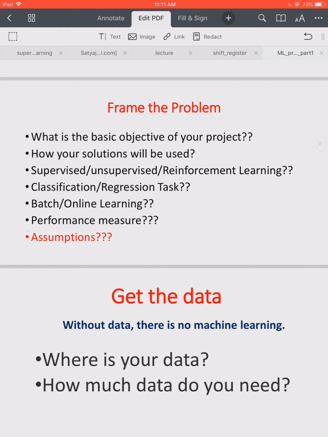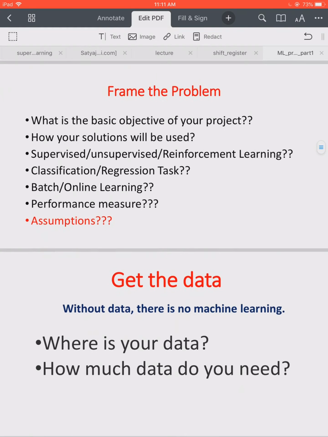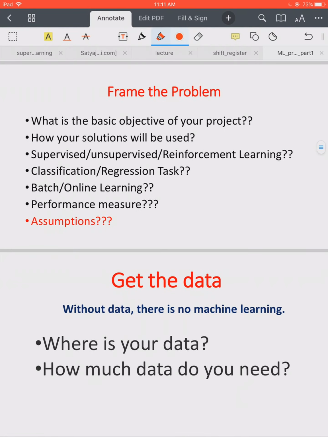Knowing the objective is important because it will determine how you frame the problem, which algorithms you should select, which performance measure you will use to evaluate your model for the given task, and how much effort you will spend tweaking it. These are very important before starting any project.